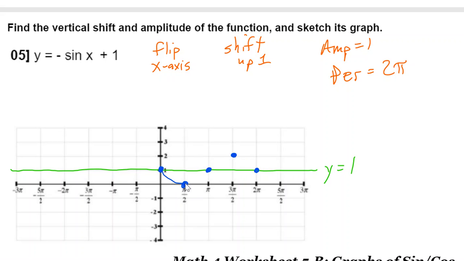So we're going to wind up with something like this. Okay? Something resembling that.